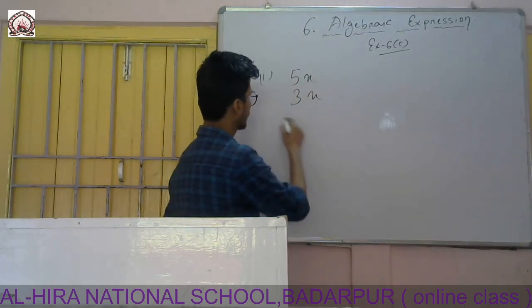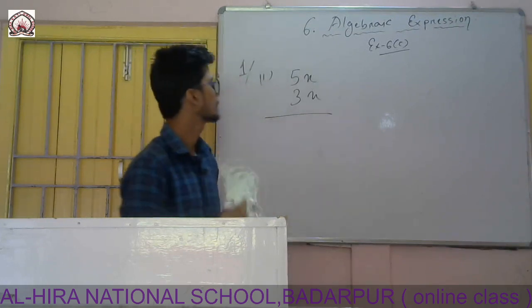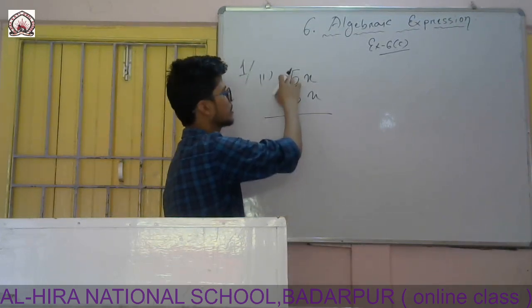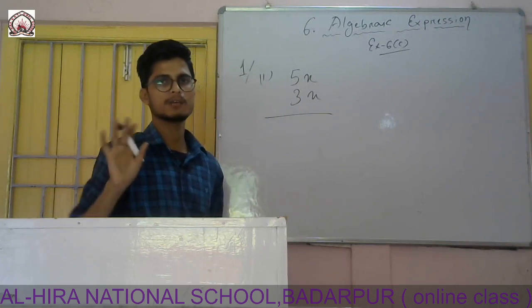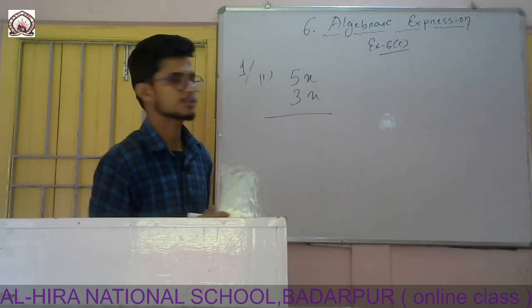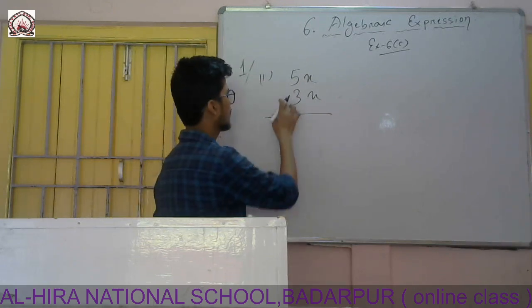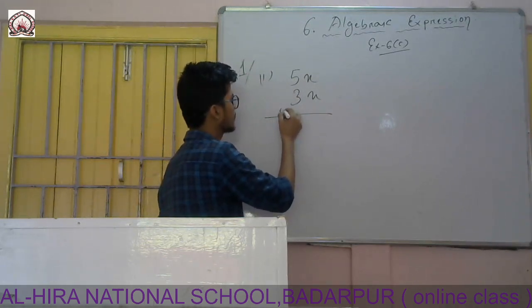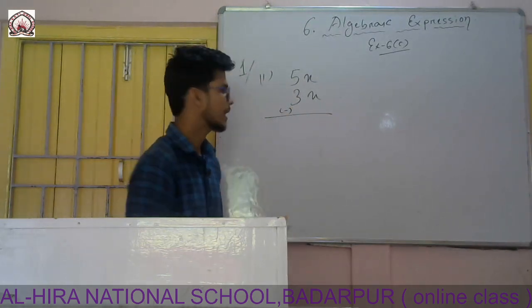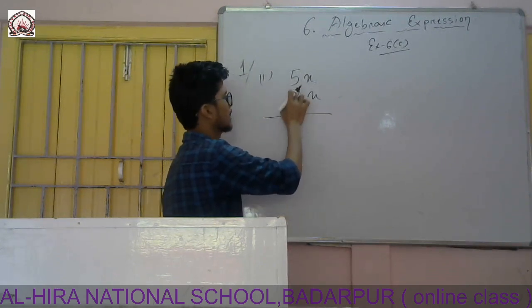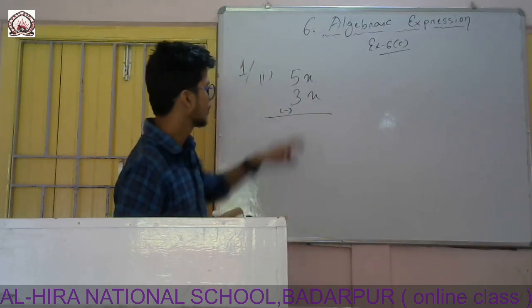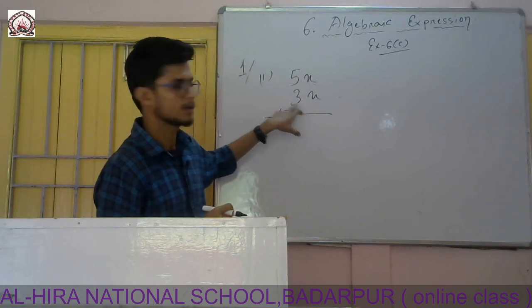Okay, so look carefully. Here both the signs are positive. Especially in the case of subtraction, we simply change the sign of the lower term. Here it is plus, so I will write minus, and while calculating also I will take the minus sign of this number, not the plus one.